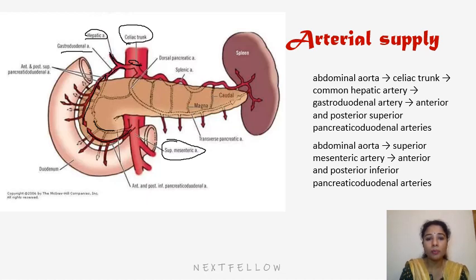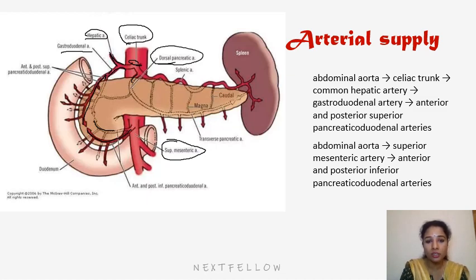So the dorsal pancreatic artery arises from the abdominal aorta. We know the celiac trunk gives rise to this tortuous artery which is called the splenic artery, and the splenic artery gives rise to the dorsal pancreatic artery.